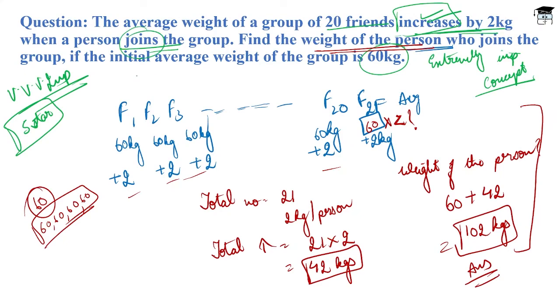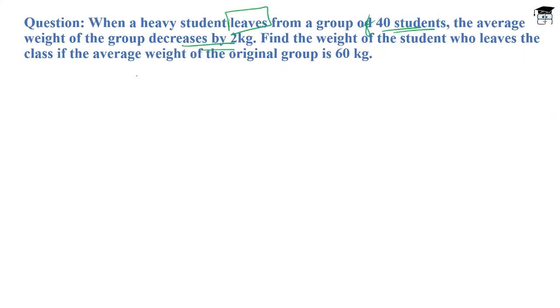Moving on to this one, when the student leaves, the average weight of the group decreases by 2 kgs. Find the weight of the student who leaves the class if the average weight of the original group is 60 kg.